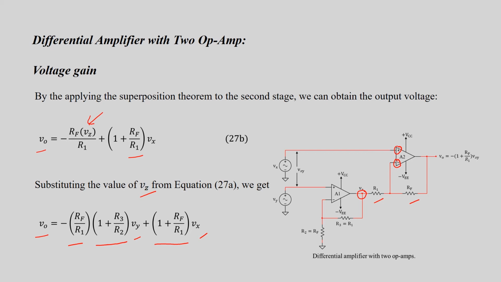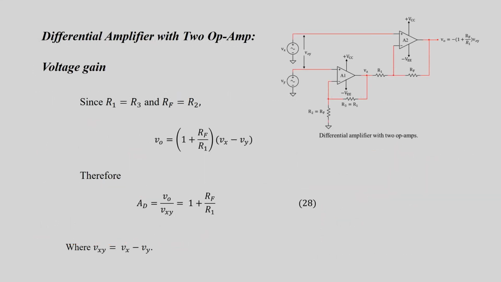Now, considering R3 is equal to R1 and R2 is equal to RF, we get V naught equal to 1 plus RF by R1 into Vx minus Vy, and that can be written as Vxy, the differential input to the two-stage or two-op-amp amplifier.